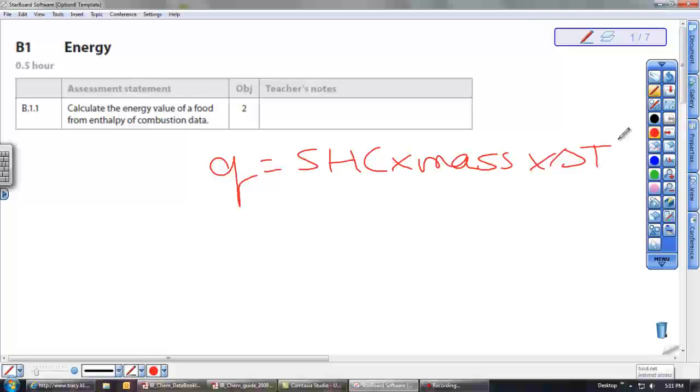There's the formula, specific heat capacity times mass times delta T. This is the heat change, so this would actually be absorbed. So basically you burn it, you'll detect a temperature increase in water, you use this to calculate the energy change in the water, which you change the sign of and becomes the energy lost by the food. Right? Remember that? Yeah? I'll take that as a yes.